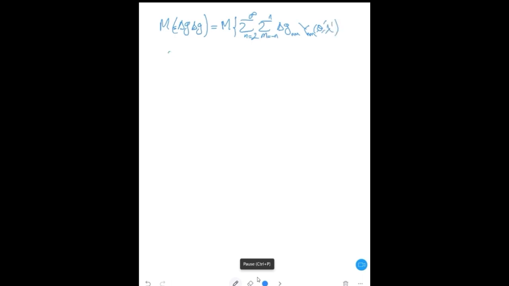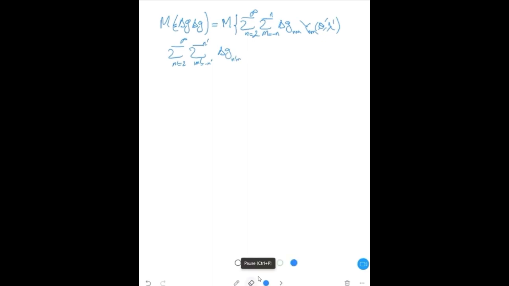Prime means integration points. Summation over n prime, summation over m prime, delta g n prime m prime, Y n prime m prime, theta prime lambda prime.